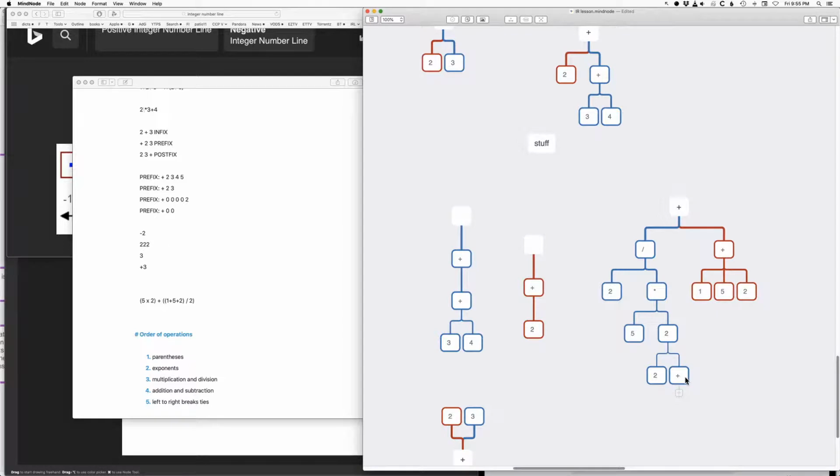If you have a plus down here, you're going to have 2 and 2, and then this node will be equivalent to 4, so it'll be like having a 4 under a 2. So either you can have a number under the 2, or you can have an operator under the 2 that turns into a number anyways. So having a number under a number doesn't really make sense.